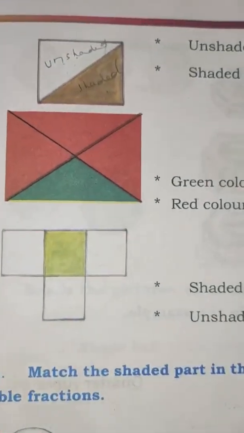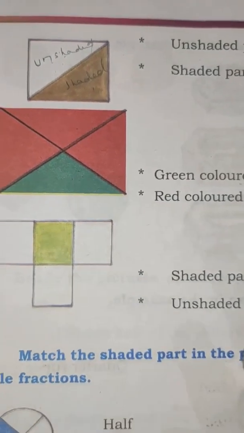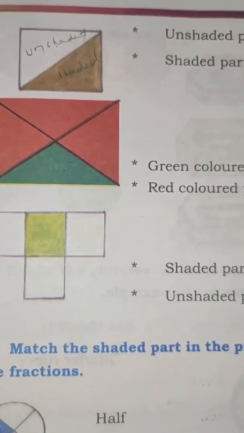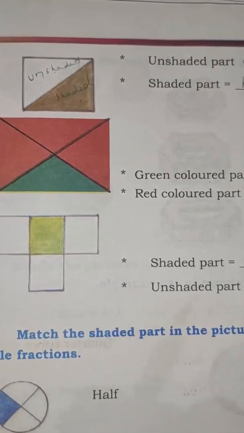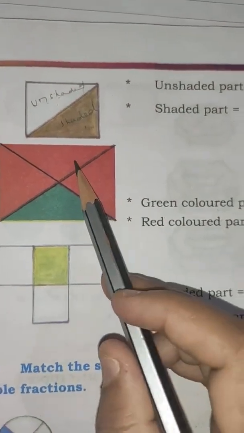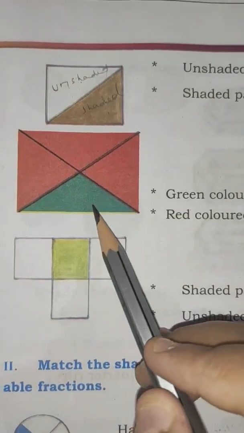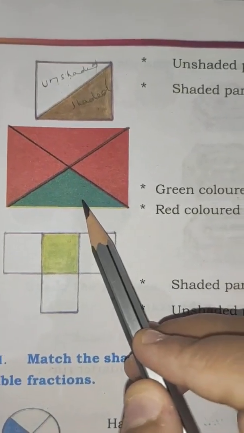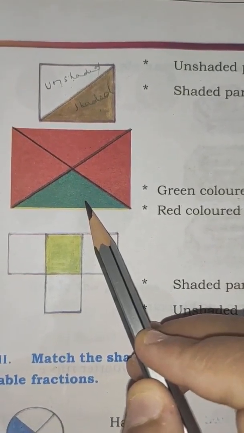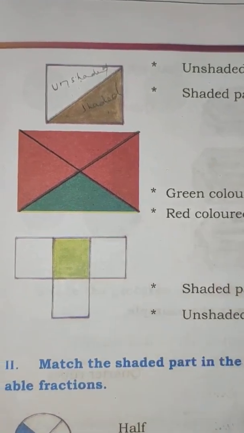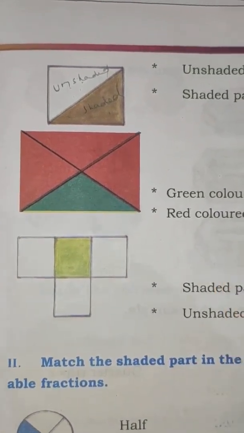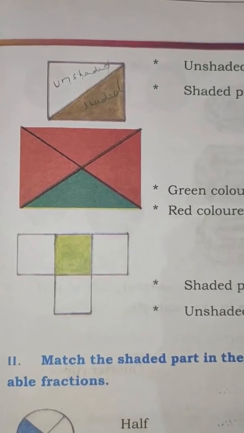In 4 equal parts, if 3 parts are colored or shaded and one part is unshaded, that will be called 3/4. If one part is colored, that will be called a quarter.